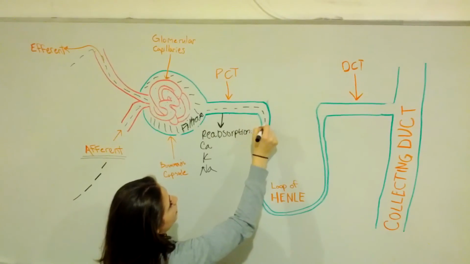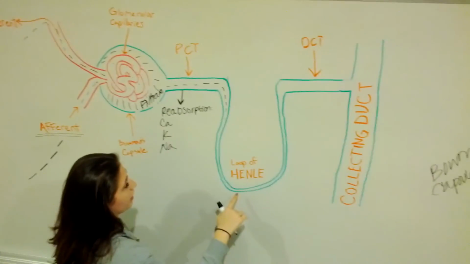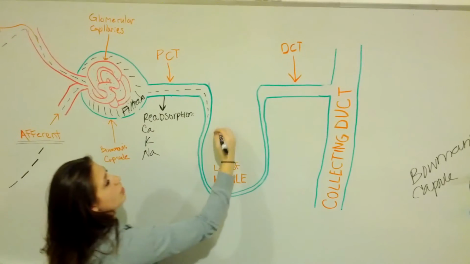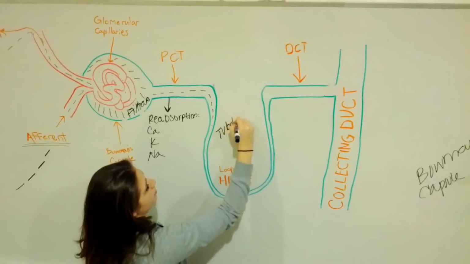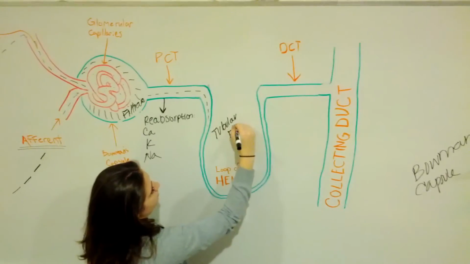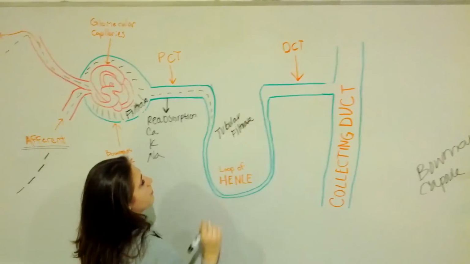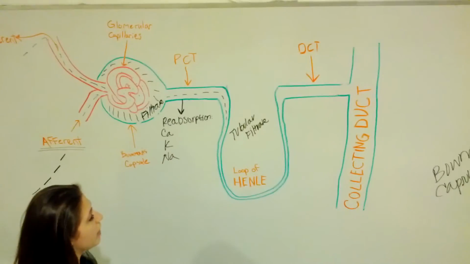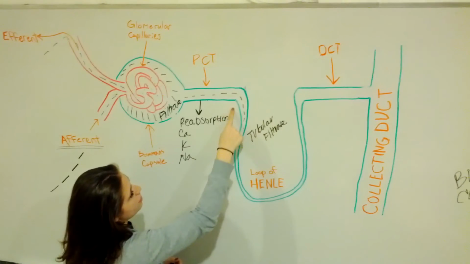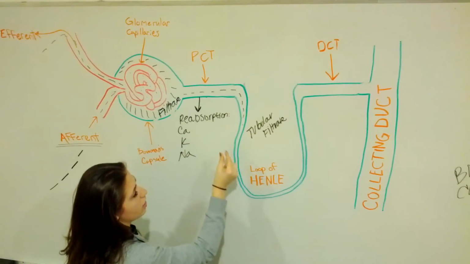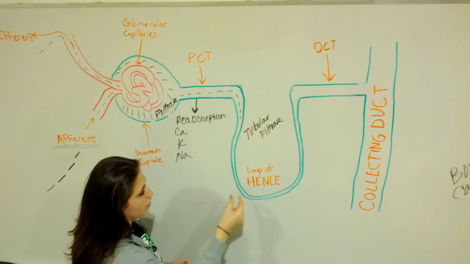Following along, we enter what is called the loop of Henle, and the filtrate becomes known as tubular filtrate. Just a fancy new name, as if this wasn't confusing enough already. As you can see, the lining here has gotten smaller, and this is for a purpose.